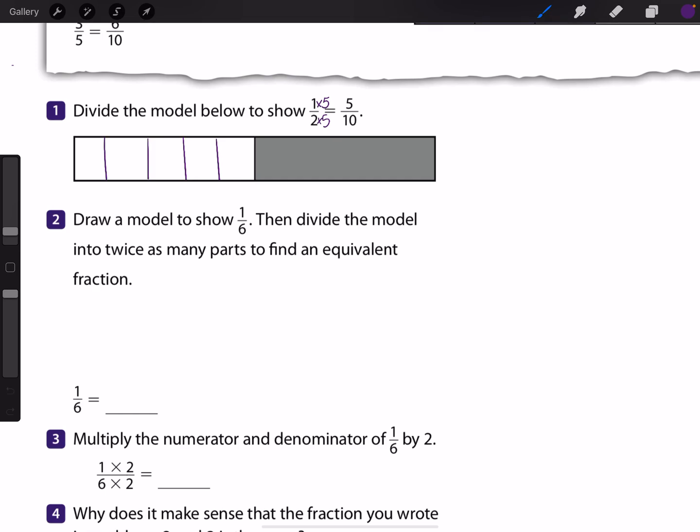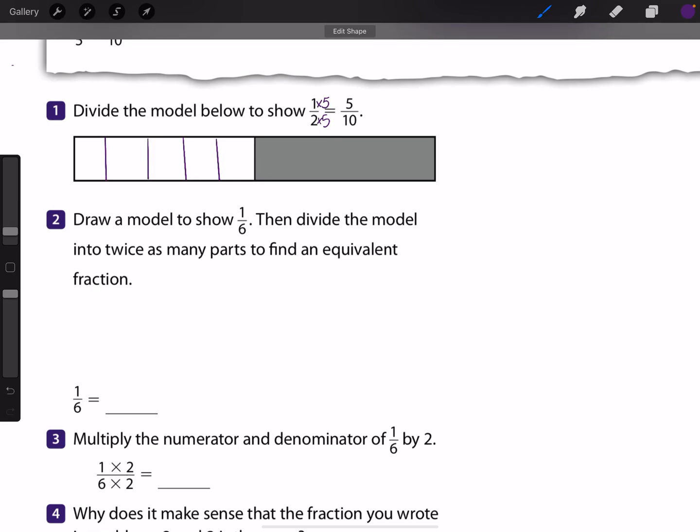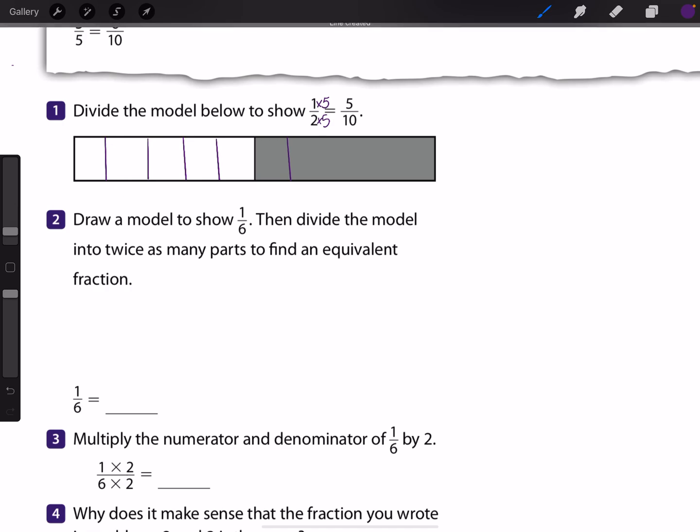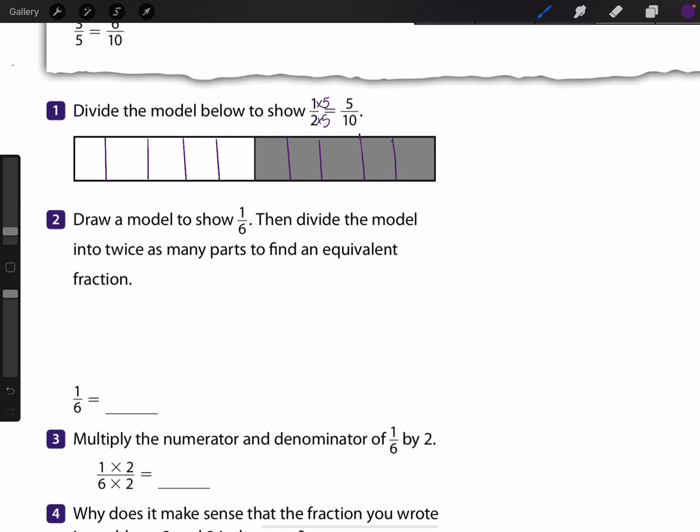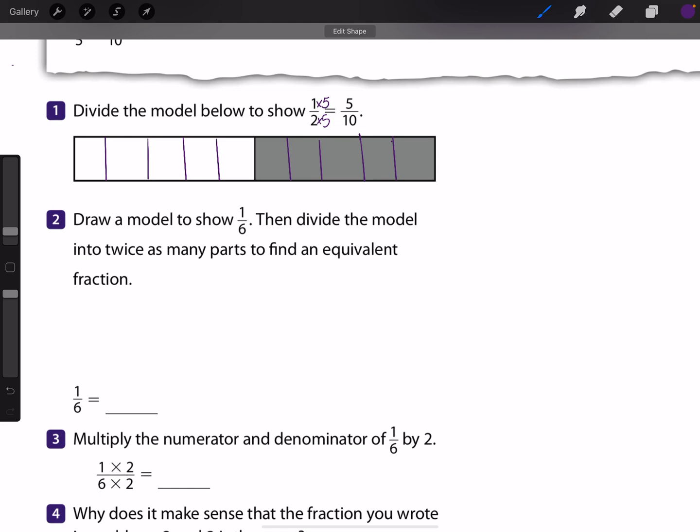That means I split it up into fifths. It's not perfect, but mistakes are proof that we're trying. All right. So that is the fraction bar divided into 5/10 as well as 1/2.